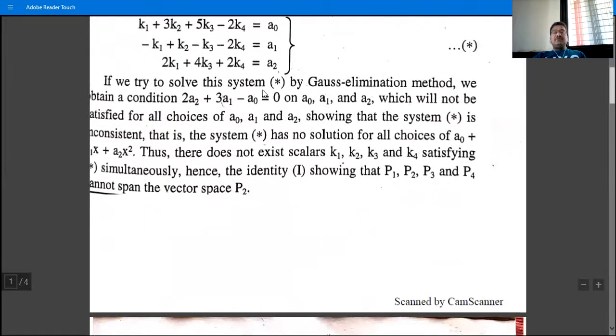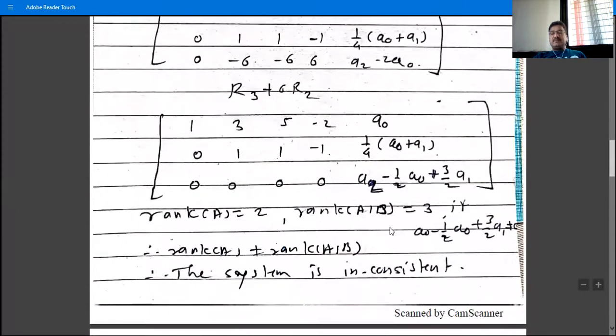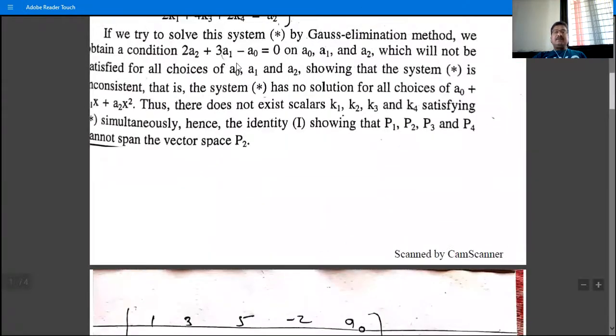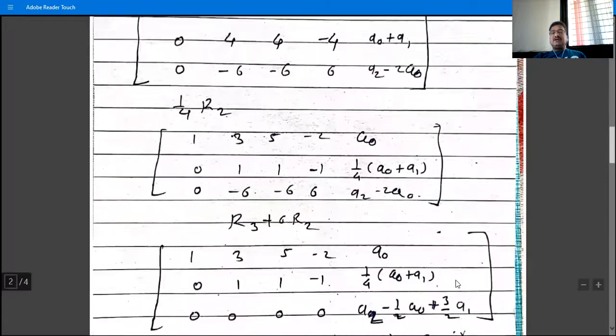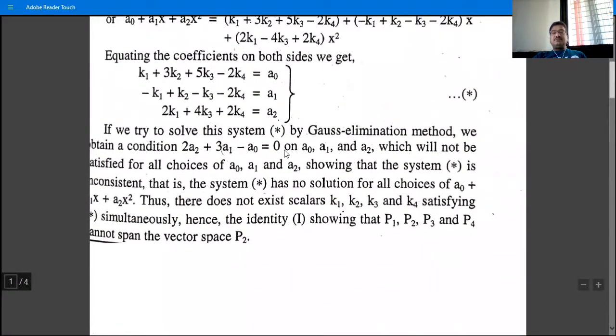So if you try to solve this system by the Gauss elimination method, we have this condition, and this condition, both are the same. If we multiply throughout by 2, then we have this condition. So the condition obtained here and this condition are the same, and this is equal to 0. This is not satisfied for all choices of a0, a1, a2, and therefore the system is inconsistent.